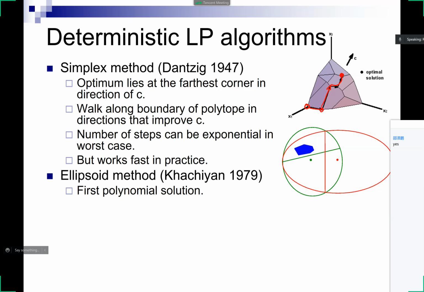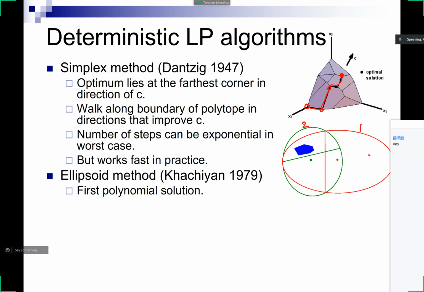The way they do that is they create a sequence of ellipses. The first one is this red ellipse, and the second one is this green ellipse, or a green circle actually, but in general they're going to be ellipses, or higher dimensional ellipsoids. The property of these ellipsoids is that they always contain the feasible region. You see the blue region is in both the red and the green ellipsoid.